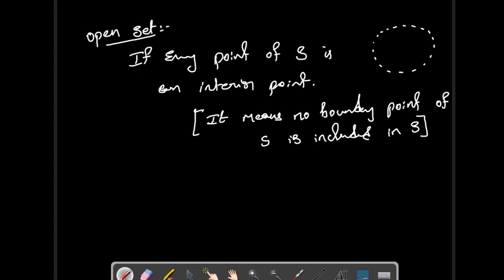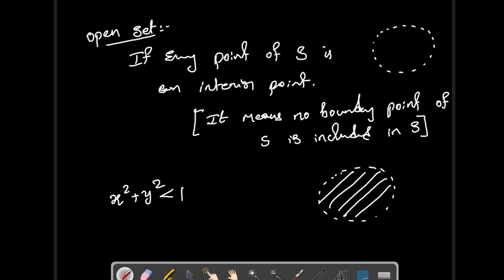Okay, so for example, suppose I take the set x square plus y square strictly less than 1. What does it represent exactly? It is a circular disk centered at the origin with radius 1. You are going to consider all the points which lie inside this circular disk, but we don't consider the boundary, the outer layer, because here we wrote a strict inequality.